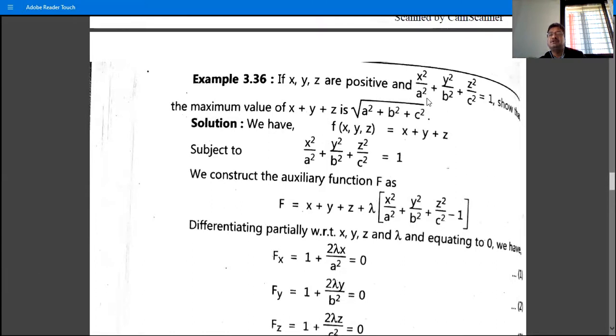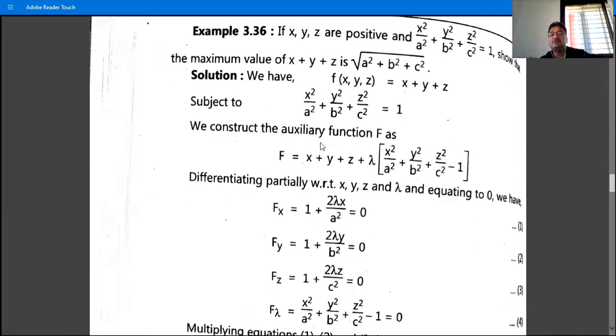If x, y, z are positive and this is equal to 1, show that the minimum value of x plus y plus z is this. So with the condition, we have to find the minimum value of x plus y plus z. Denote x plus y plus z as f of x, y, z, and this is the condition. Then capital F is equal to small f plus lambda into the condition, where the condition is this minus 1.